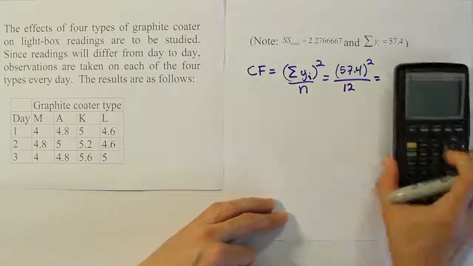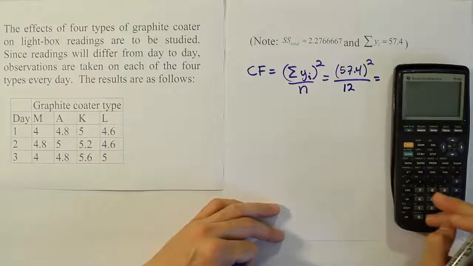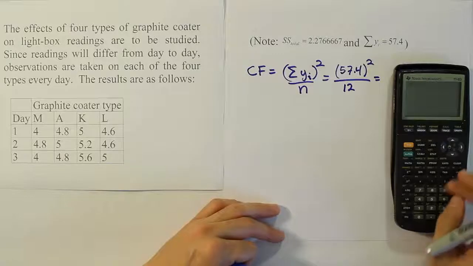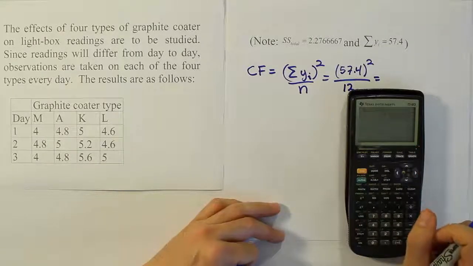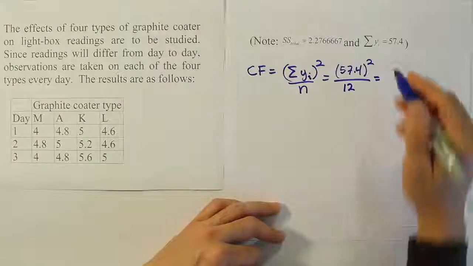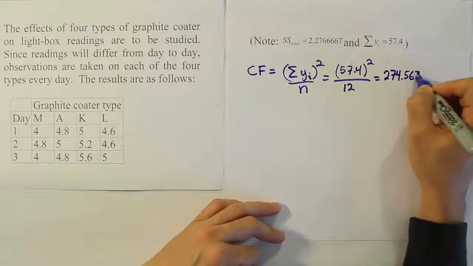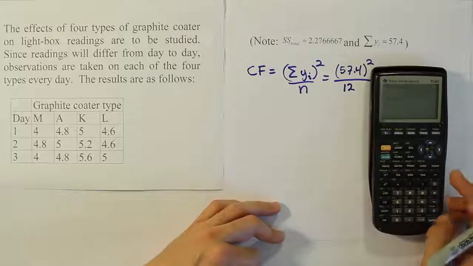All right, so let's see what that works out to be as an answer. We have 57.4 squared divided by 12. And when we do that, we get 274.563 repeating. And I'm going to go ahead and store that answer in my calculator as a variable x, so we have it for later.